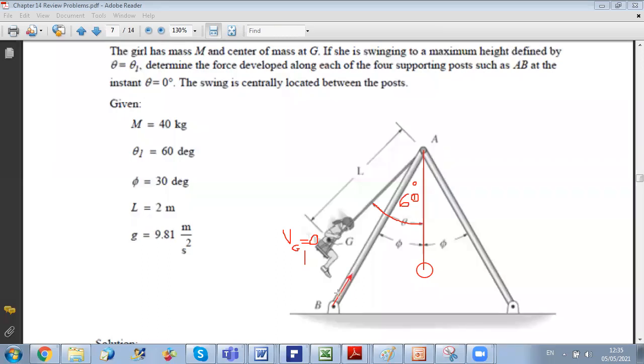And since you have four legs, you have two from this side and two from the other side. So if we call this point here C, then we will have 2RB from this side and 2RC from the other side.